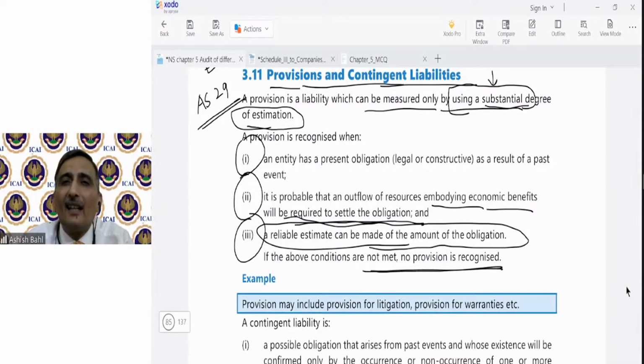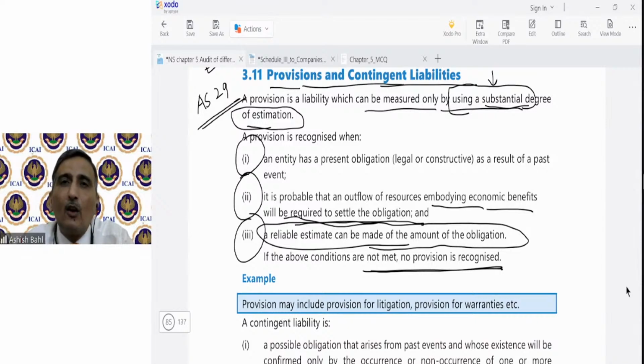So students, let us understand it with the help of an example. Say a company is manufacturing some products, and some products turn out to be defective, and some customers of the company have gone to the court against the company for claiming damages that the company has provided them defective products.